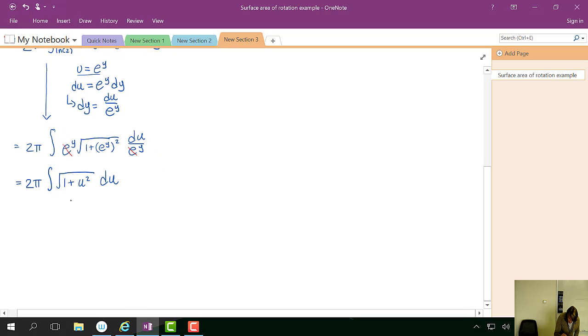For ones like these, when it's the square root of a number plus u squared or x squared, it's generally going to be a trig substitution. We can go over the formulas for those, but when it's 1 or a number plus the variable squared, usually we're letting the variable equal tangent. And so if that's the case, what does du equal? Right, secant squared of theta.